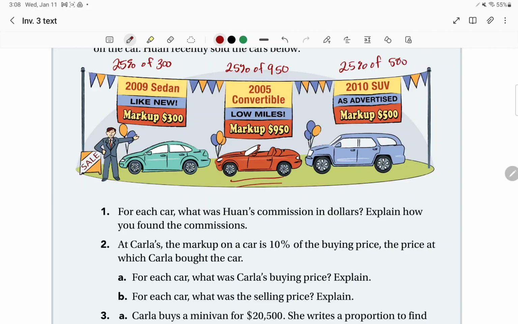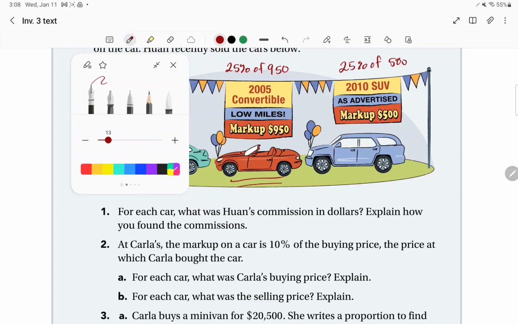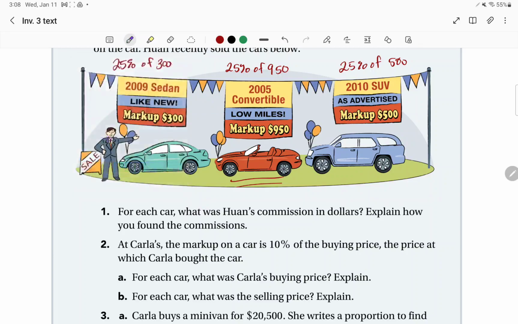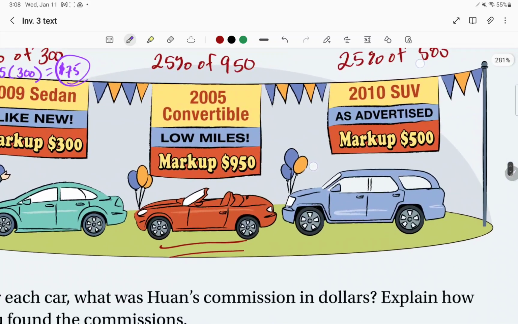Now we have to find those percentages. And in order to find percentages, remember, you would just take the decimal times that number. So if we take the decimal, which is 0.25, times 300, you should get, he makes $75 commission on that sale. So on the first one, he makes $75.